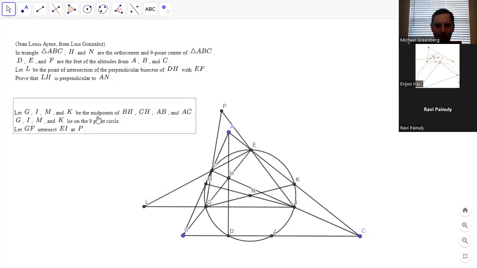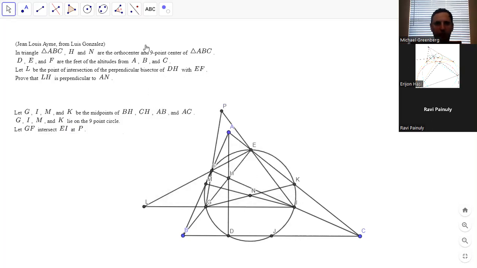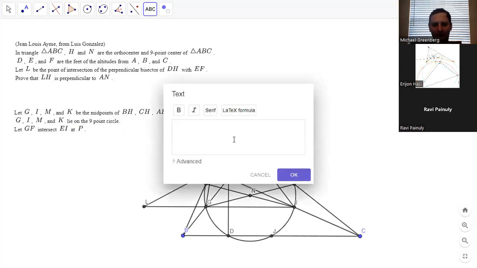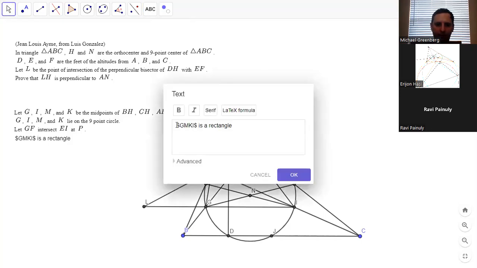So GMKI is a rectangle. Oh, really? I should check it. I should really check it out then. GMKI is a rectangle. So I'll just say it like this because we have GM is parallel to AB and KI is parallel to AB.